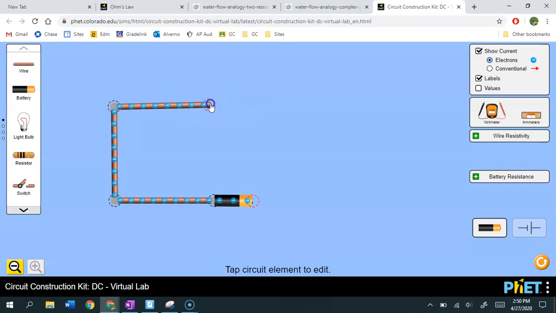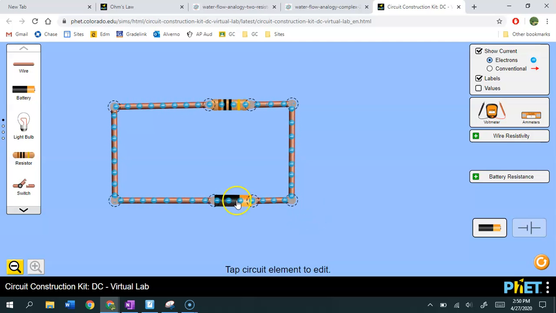So you have some wire, and to this wire, I'm going to go ahead and connect a couple of resistors. So here is a resistor. Let's just make a simple circuit here, and I'm going to go ahead and connect these wires like this, and so you'll see that the electrons are flowing through that resistor.